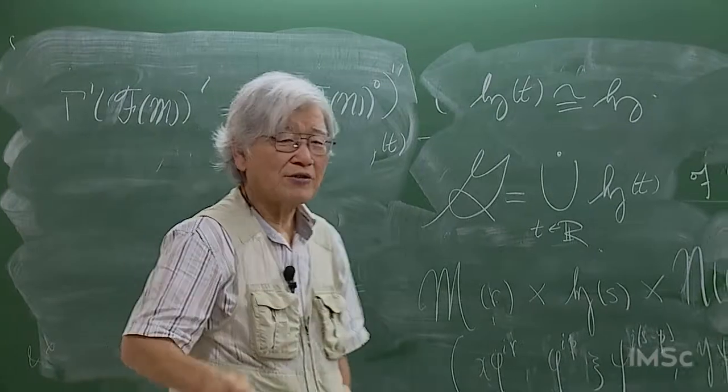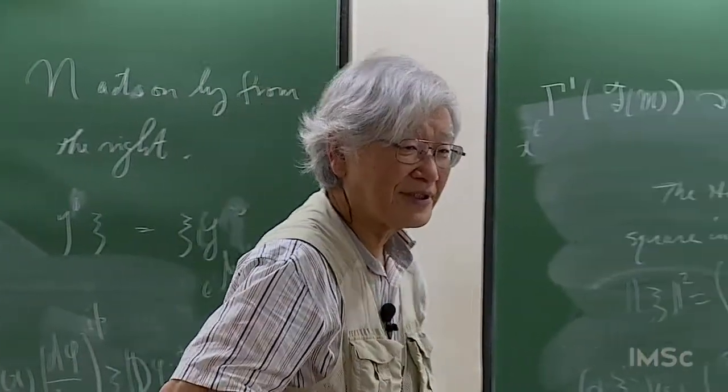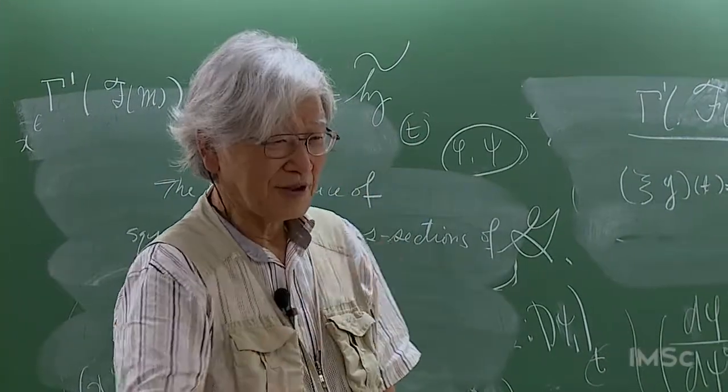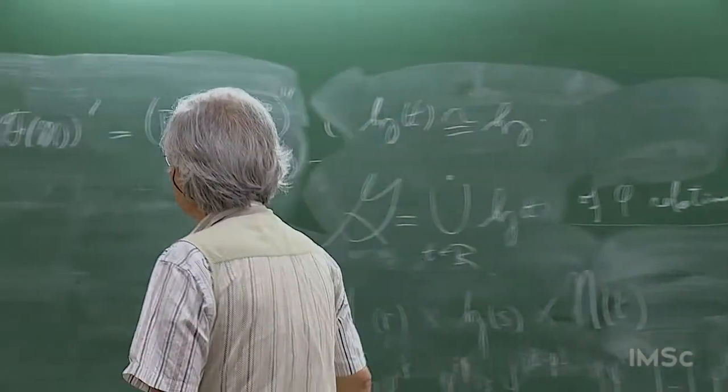Because when you call it the operator, you are operating all the time from the left. So you twist again by the opposite algebra. That is precisely the commutation relation.